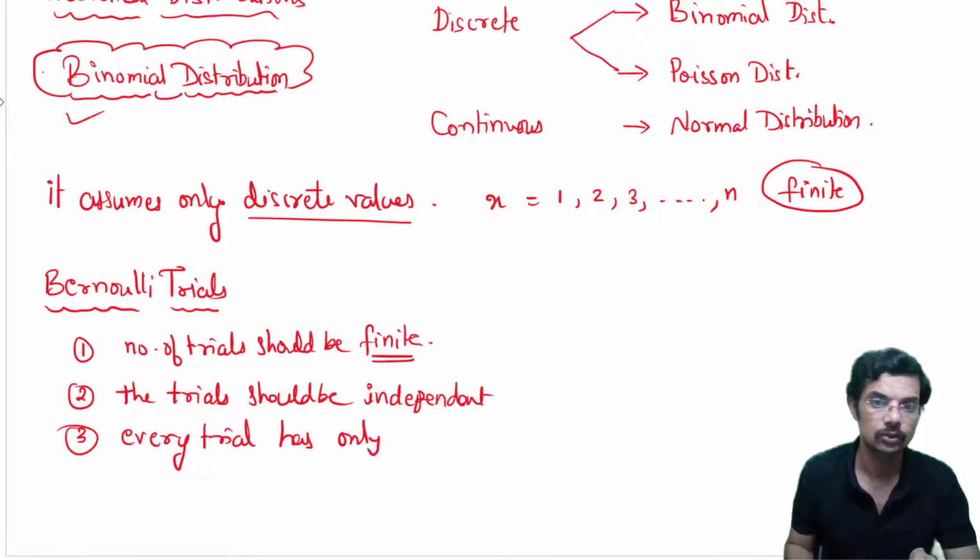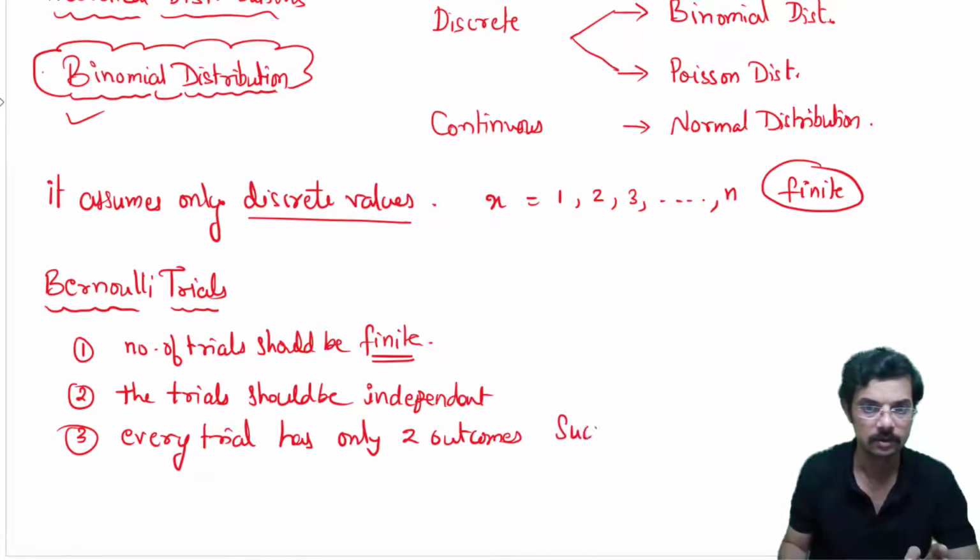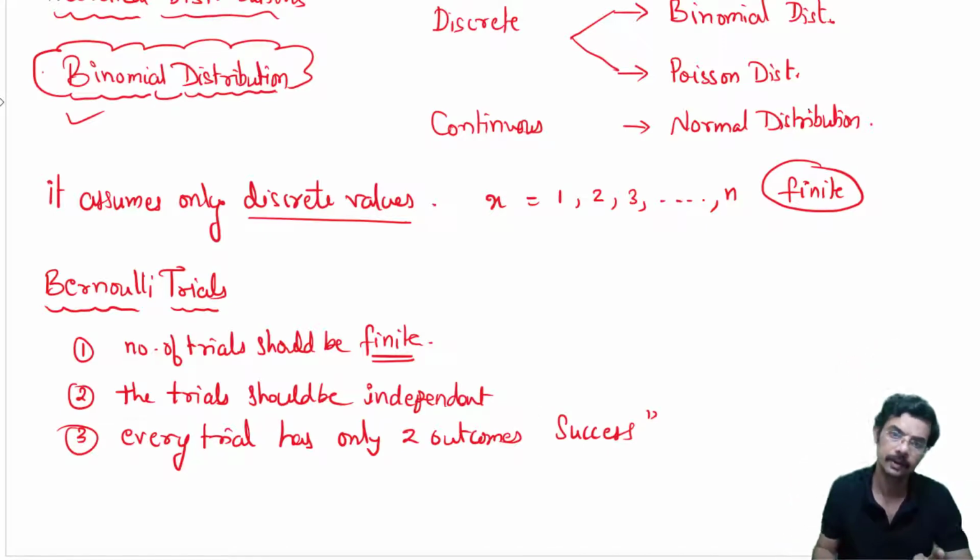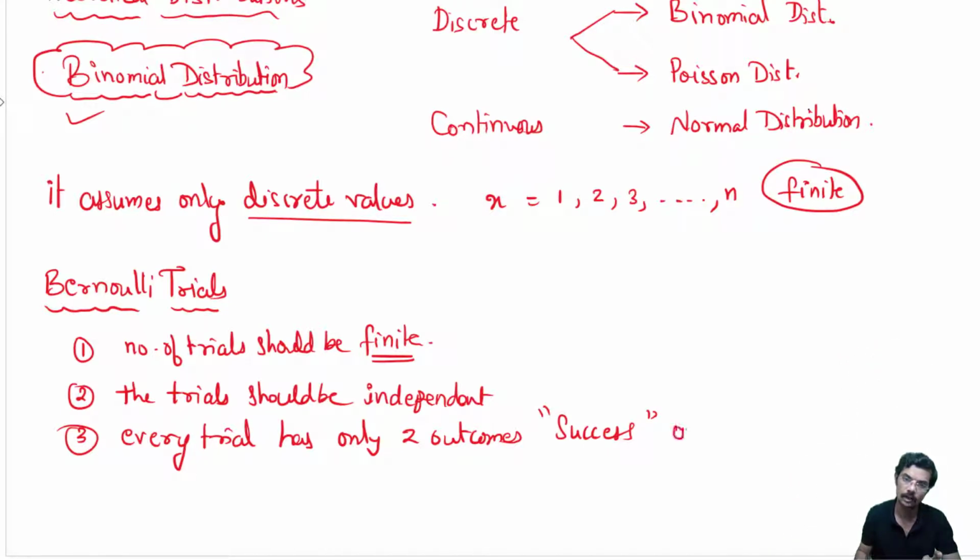One of them will be known as the success, and the second one will be known as the failure. Here the probability of success will be denoted by p in each trial, and q will represent the probability of failure in each trial.